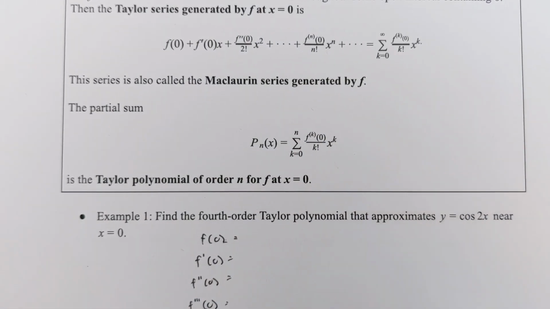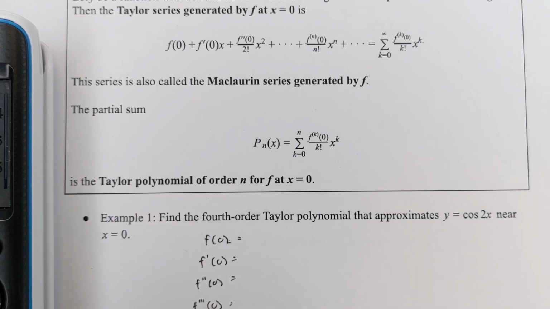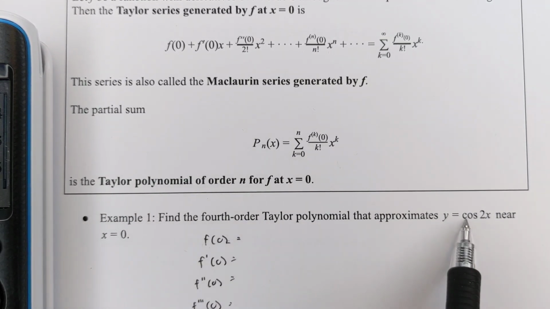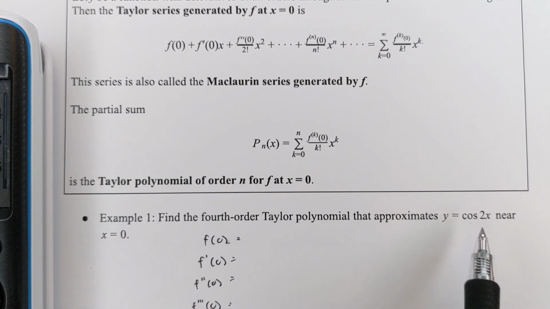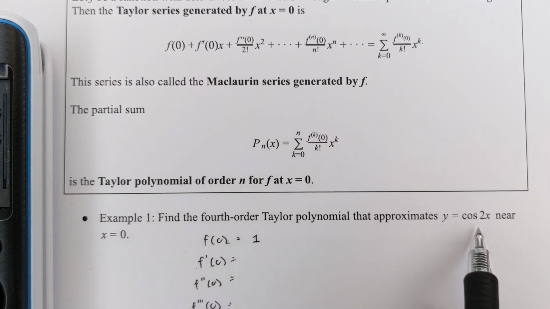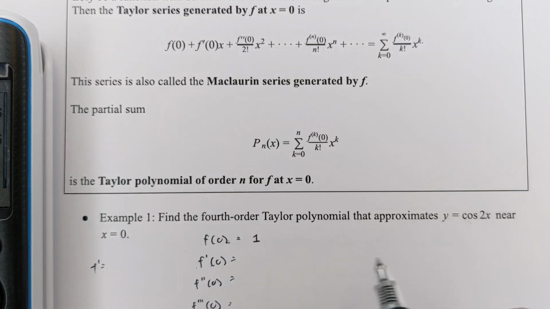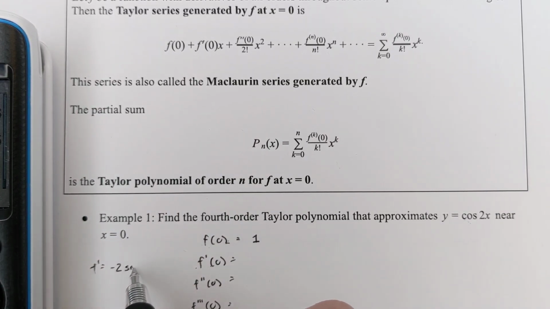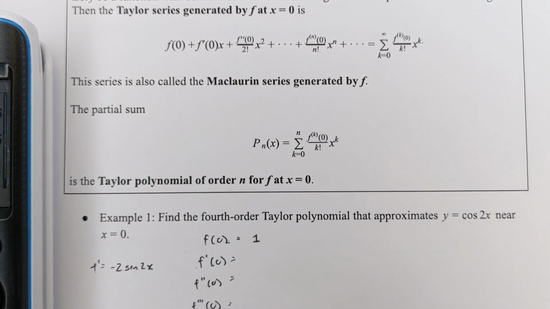So f of 0 is just plugging 0 into your original equation, so the cosine of 0 is 1. So this gives me 1. So f prime of 0 would mean I take the derivative of this and then plug in 0. The derivative of cosine 2x is negative 2 sine 2x. If I plug that in, negative 2 sine of 0, I get 0.